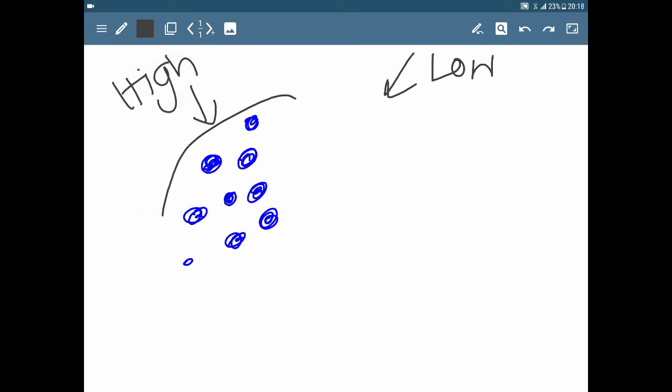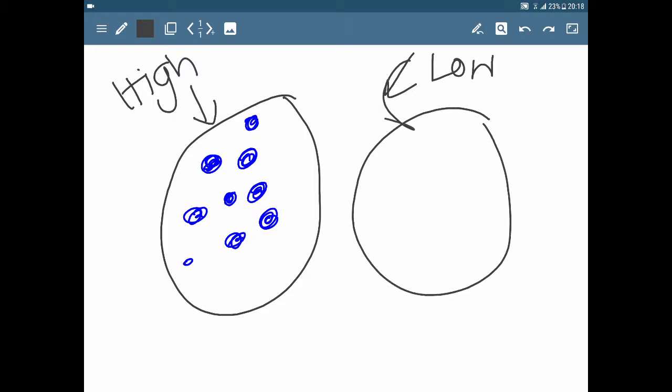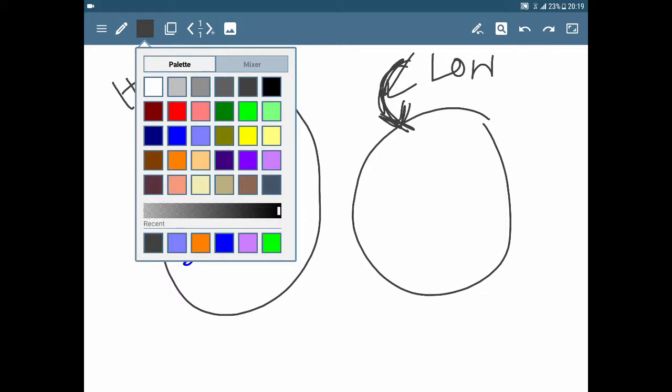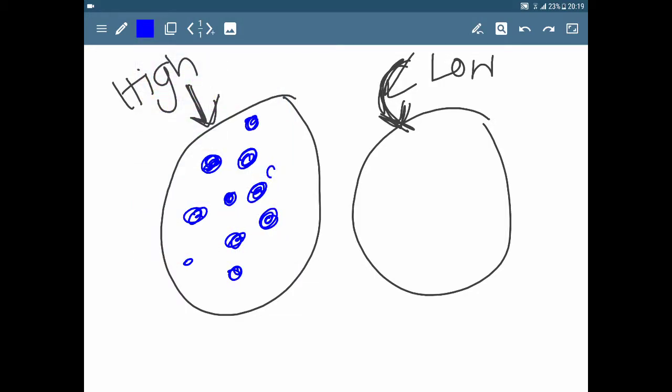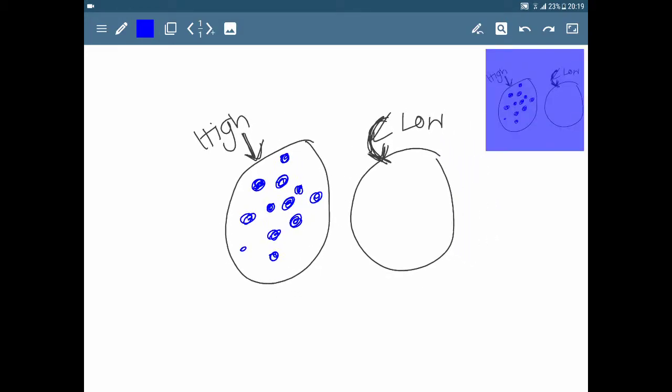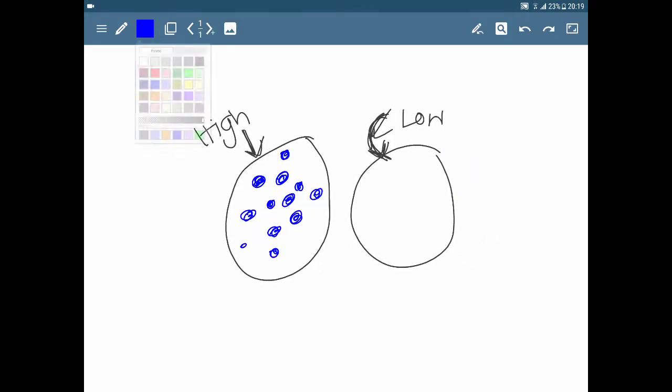This is a cell, and this is another cell. This has a low concentration, this has a high concentration, so let's say it has more particles. This cannot happen the other way, so what happens is that diffusion occurs.